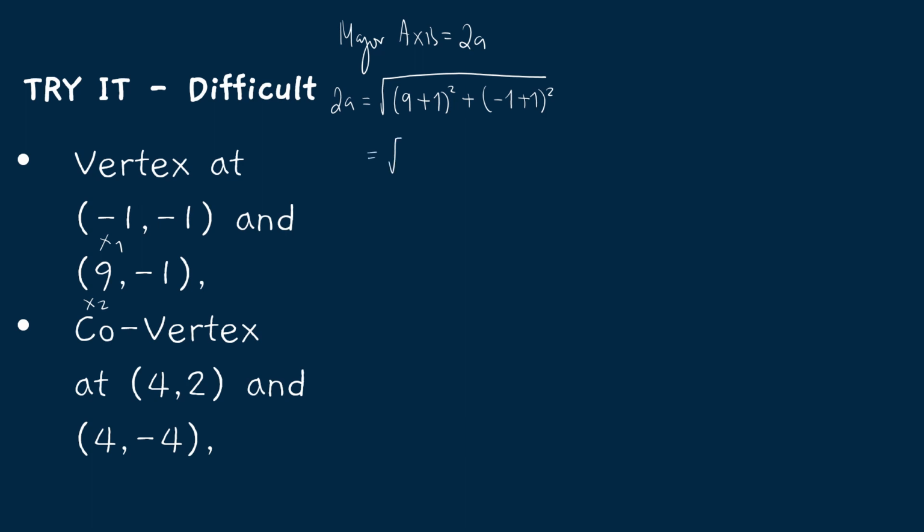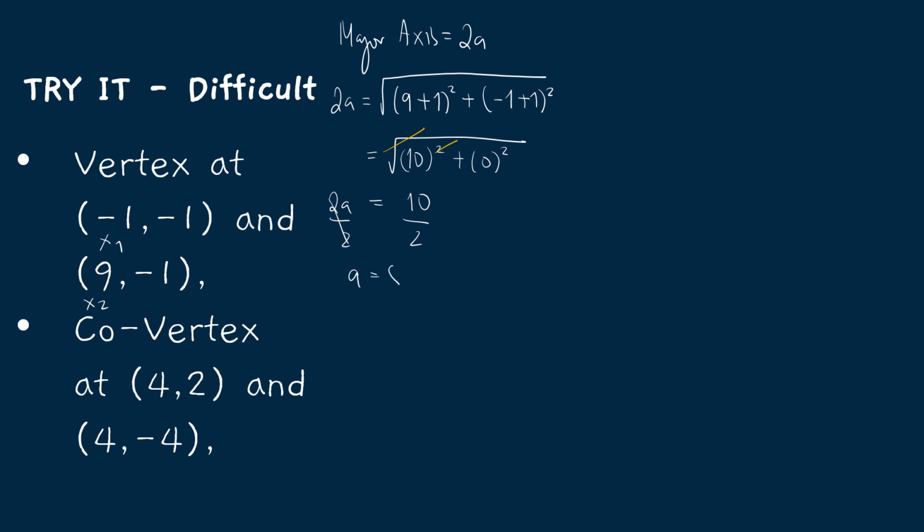Then simplify, and that will result into 9 plus 1, that is 10 squared, plus 0 squared, and you can see here we can already cancel out the radical sign and the square of our 10. So that will result into 2a equal to 10, and the value of a is equal to 5 units.